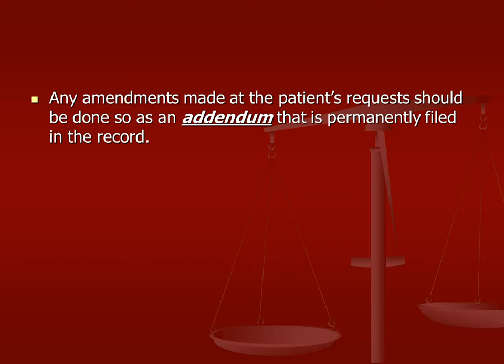So, for example, HIPAA gives this right, but even before that, if a patient looked at his or her record and thought that there were some facts in there that were not correct, then if it was determined that that was the case, instead of, for example, on a discharge summary, saying okay, we'll just tear up the discharge summary, no, that remains, and then an addendum is put on the record making that change, but the original is on there, and the addendum is permanently filed in the record.